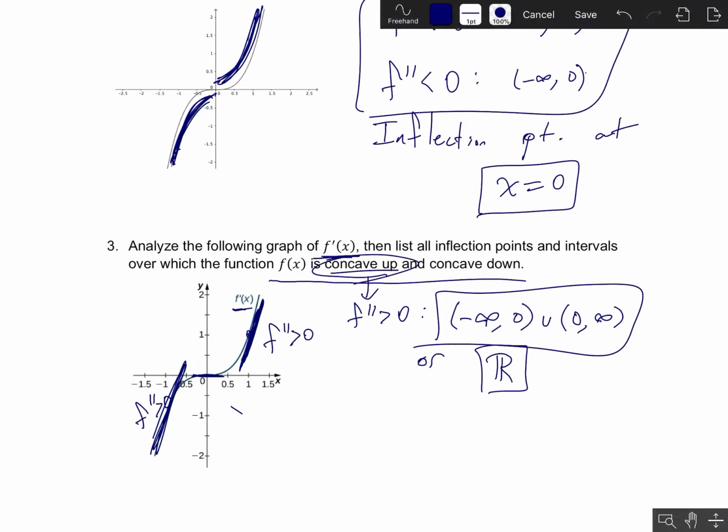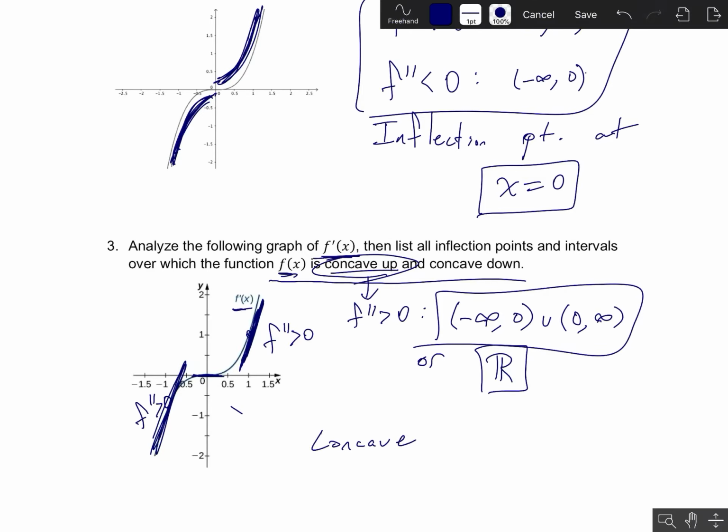So that tells us where the graph is concave up, but notice that there's nowhere that the graph of f would be concave down because we've already exhausted everywhere. It looks like the second derivative will be positive everywhere or nearly everywhere, and therefore the second derivative is never going to be negative.